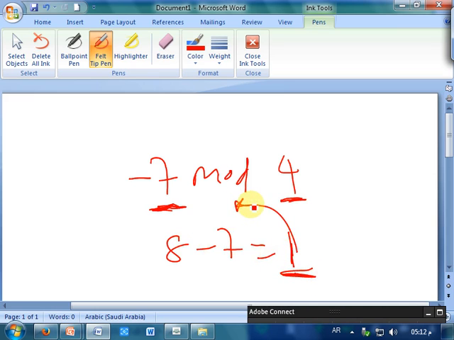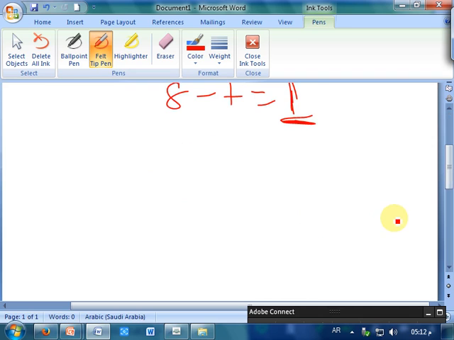Then -5 mod 4 will give you 3, so 8 minus 5. -3 mod 4 will give you 1, because the next nearest number is 4, so 4 minus 3 is 1.